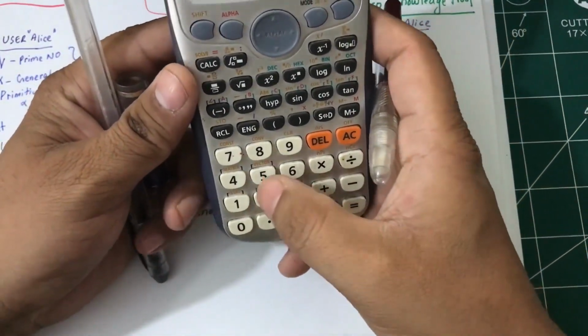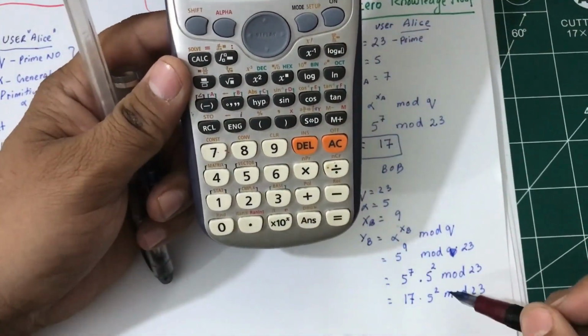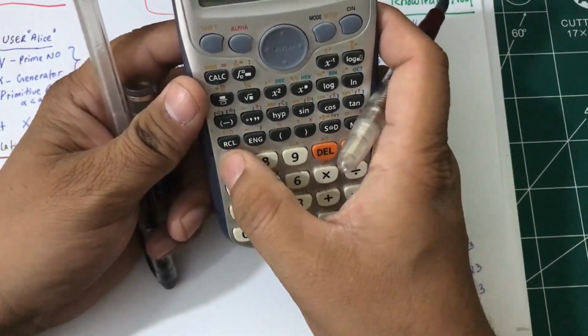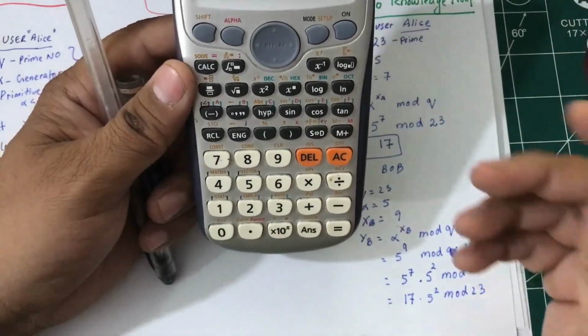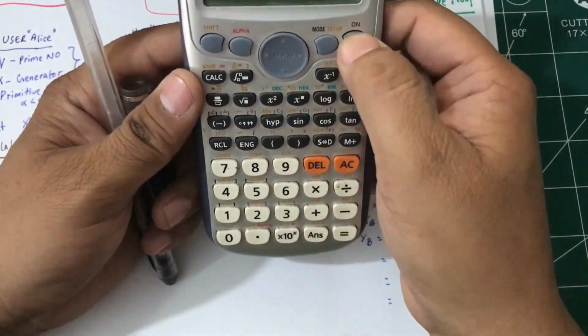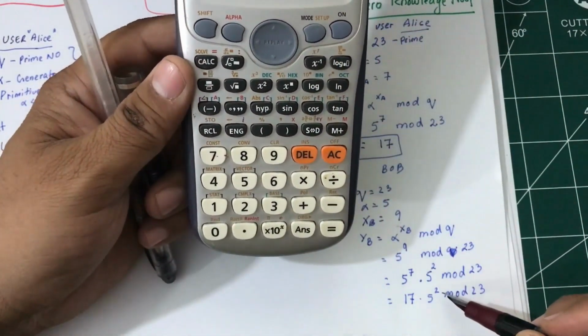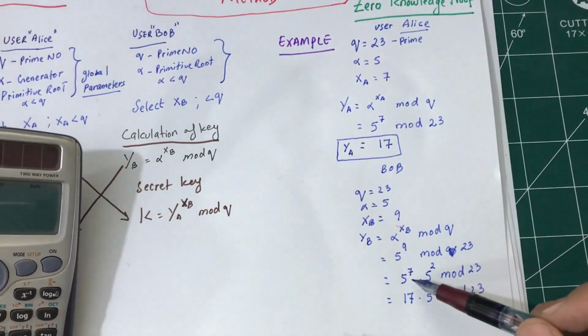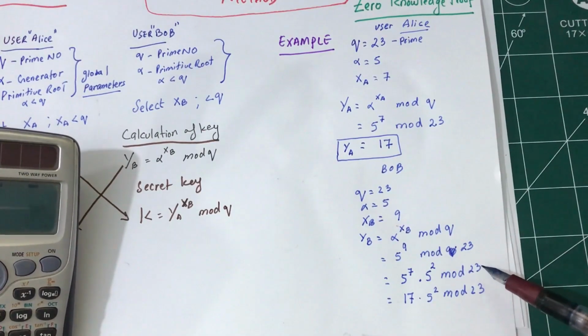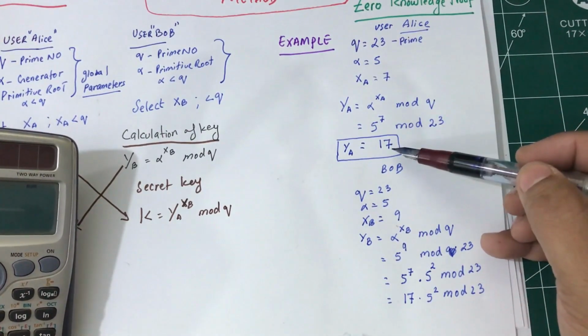I can do 5 raised to 2, which I know is 25, so it's going to be 17 multiplied by 25 mod 23. How do I get 17? I know what 5 raised to 7 mod 23 is, as I previously calculated.